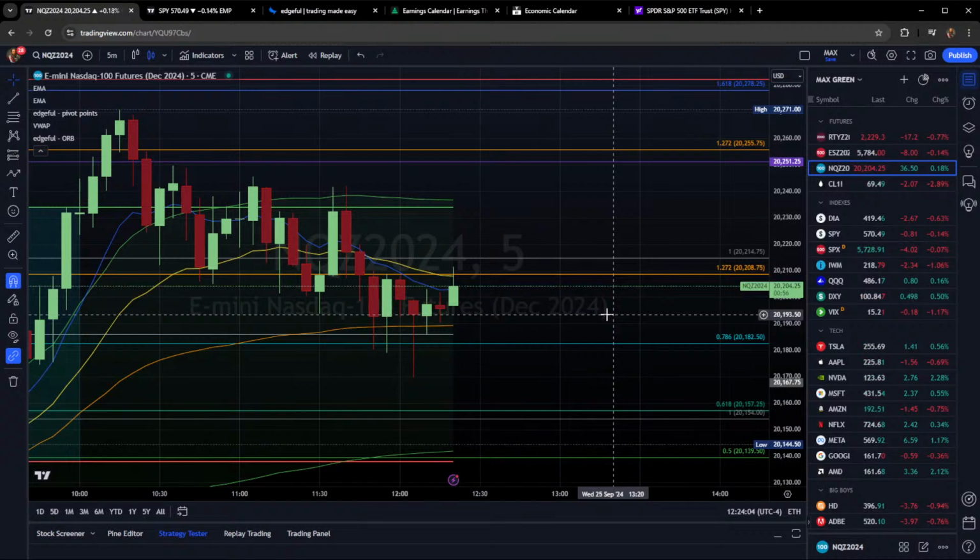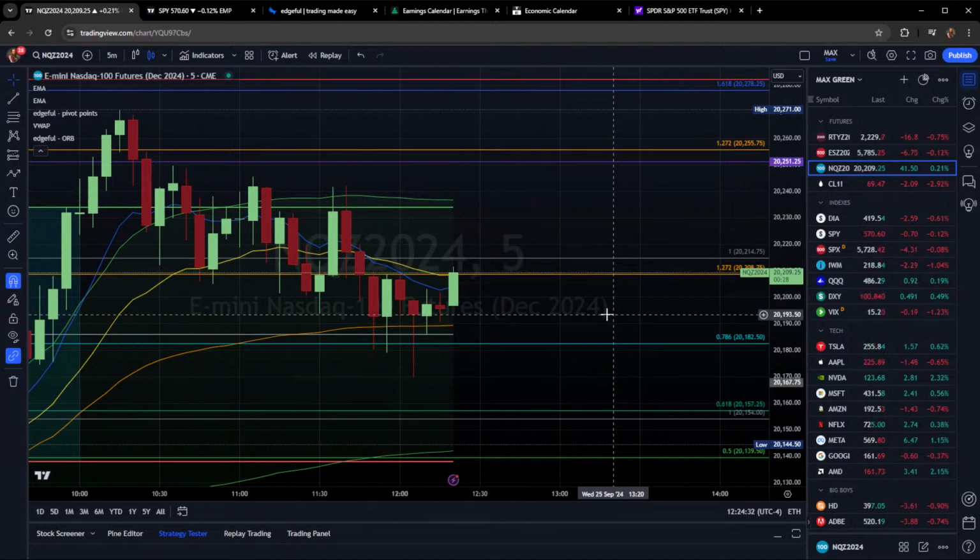Bookmap update. Nothing. A little bit waiting at 150, 125, a lot waiting at 20,100 that is. ES, there's just not a whole lot.